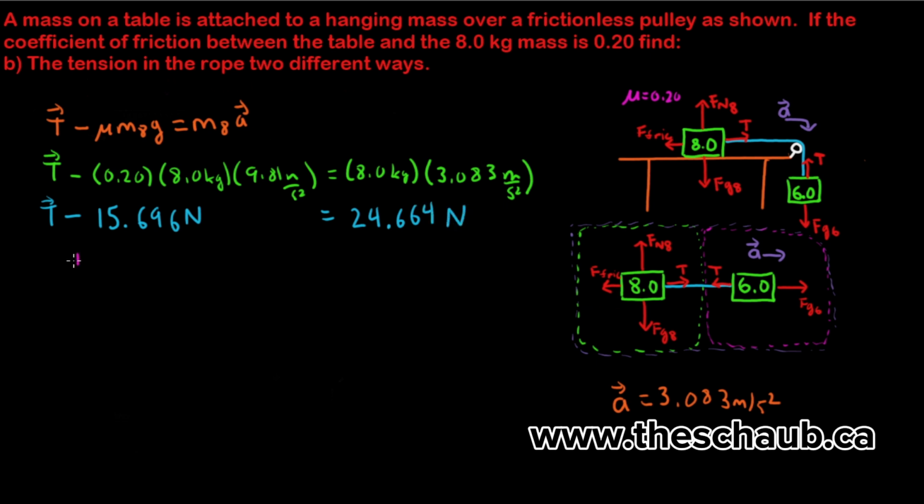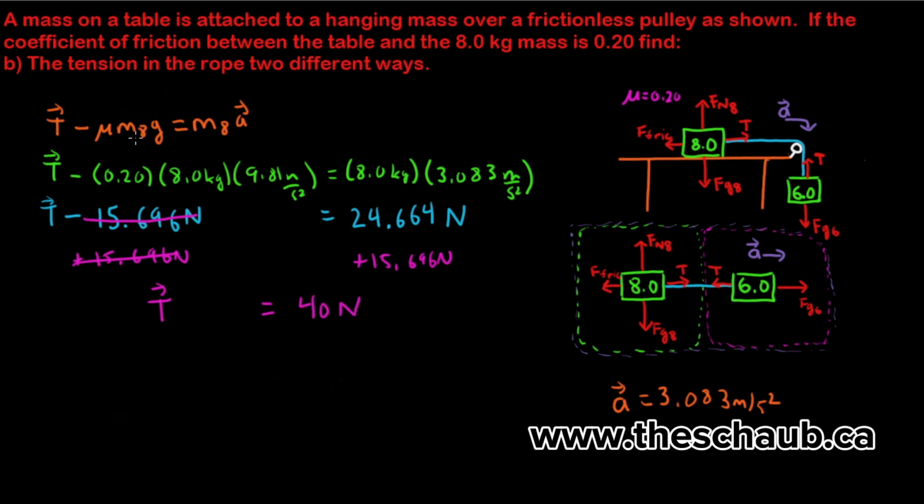To get our value of tension all alone, we add 15.696 newtons to both sides of the equation. So on this side, negative 15.696 newtons plus 15.696 newtons is 0. So all we're left with is tension. And this is equal to 24.664 plus 15.696, which is equal to 40 newtons.